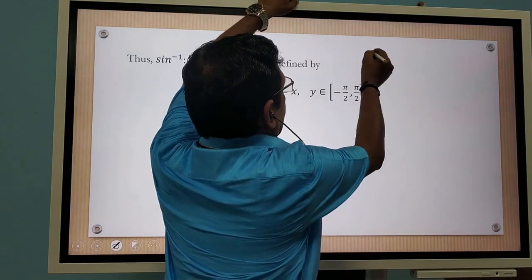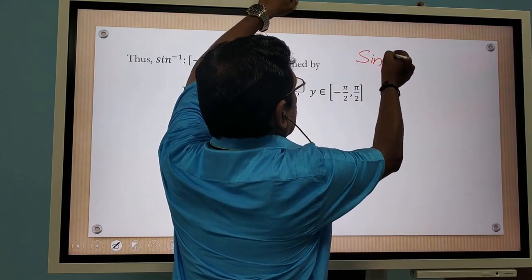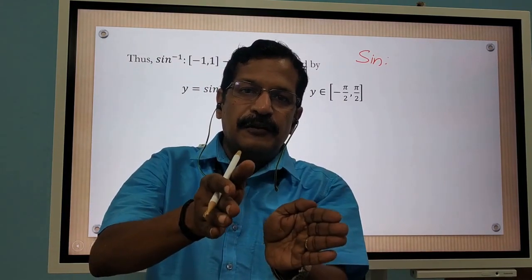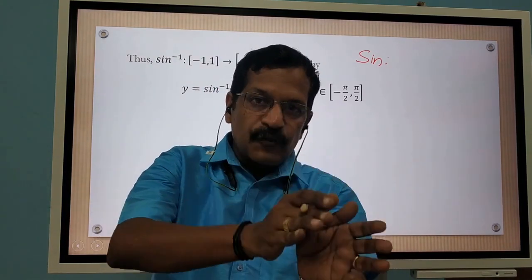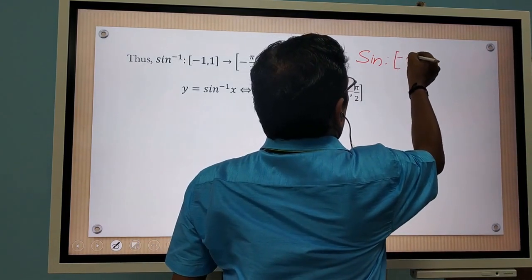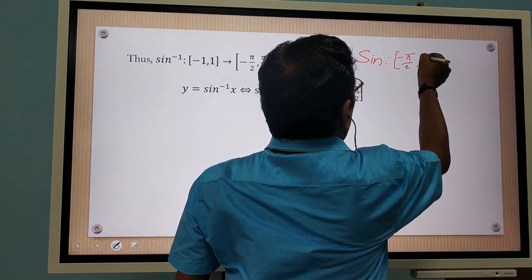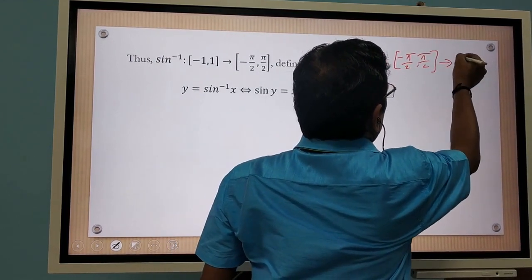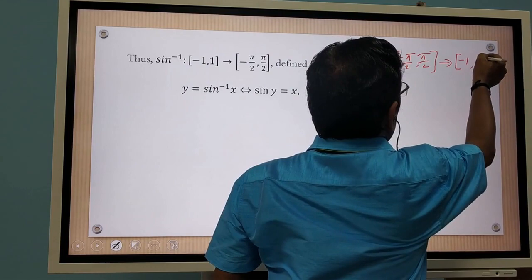Now, what about the sine function? The sine function is actually from R to R. Now we have restricted that domain to [-π/2, π/2], so it is from [-π/2, π/2] to the closed interval [-1, 1].